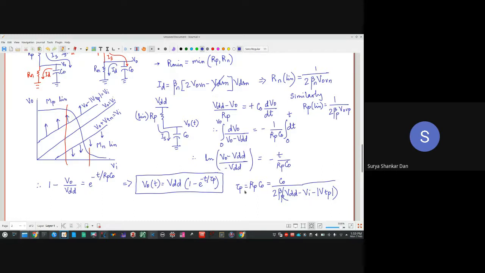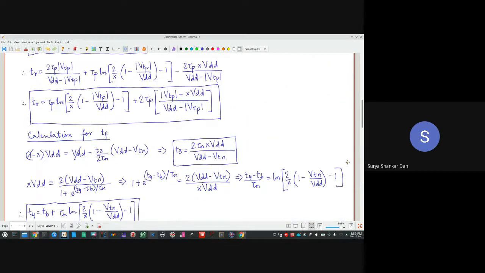But how correct is it? How accurate is it? Notice the tau p expression which we got over here. Let's copy this, and it will come to the very beginning.